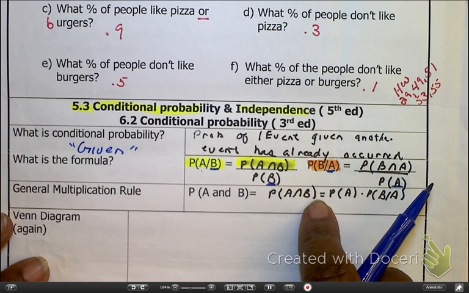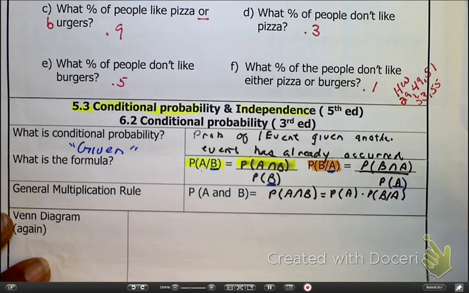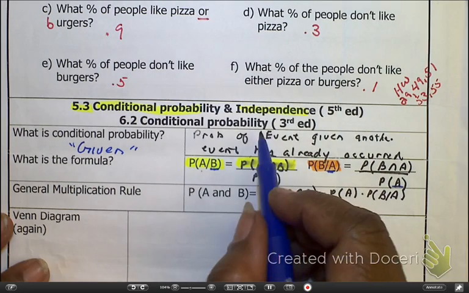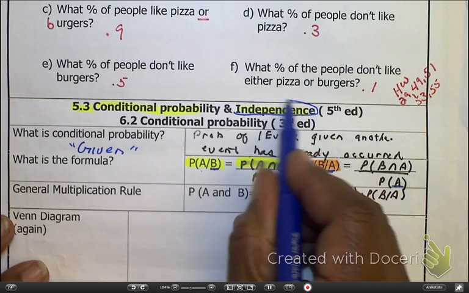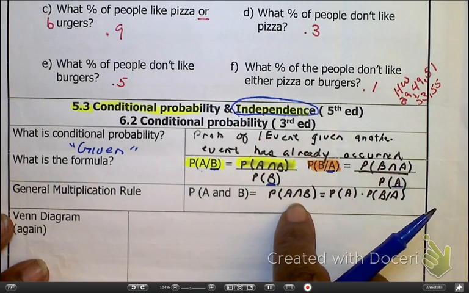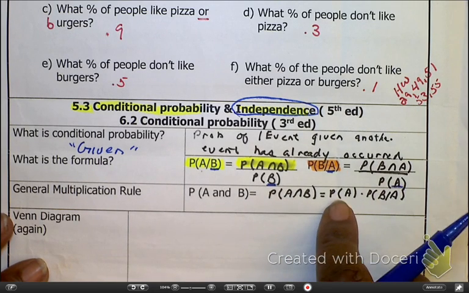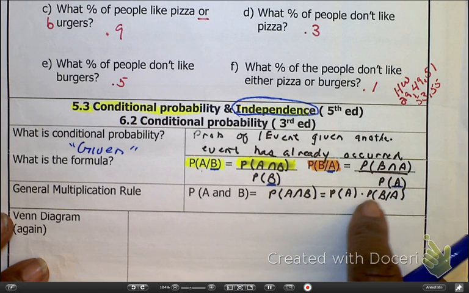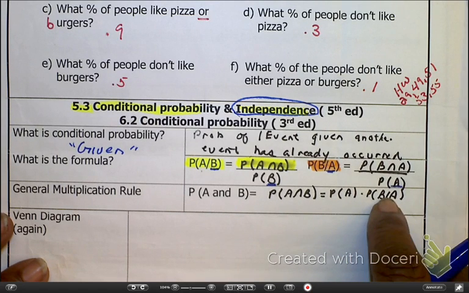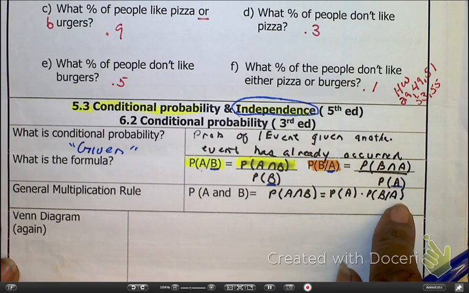But when these things are independent, the equation is not just as simple as it was in the past. So the probability of A and B happening is now the probability of A times the probability of B given that A happened in the first place. So we can hear the idea of independence.